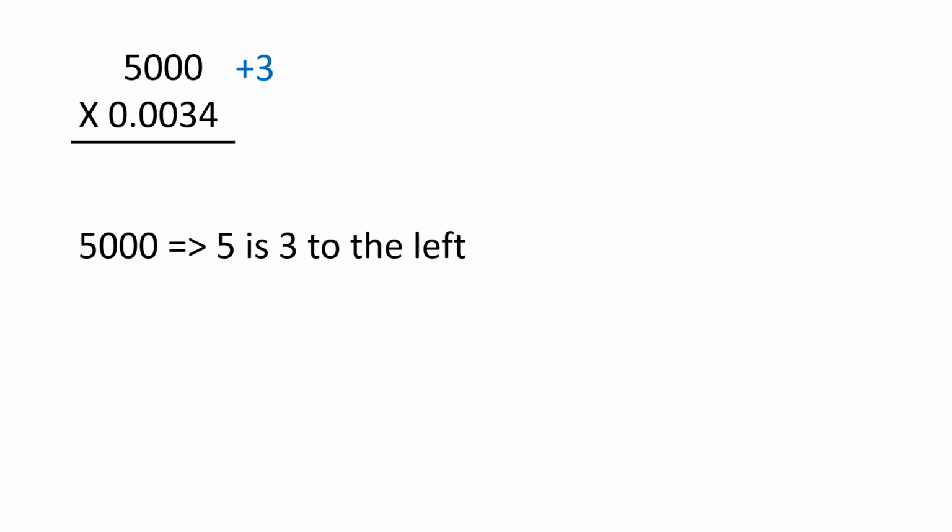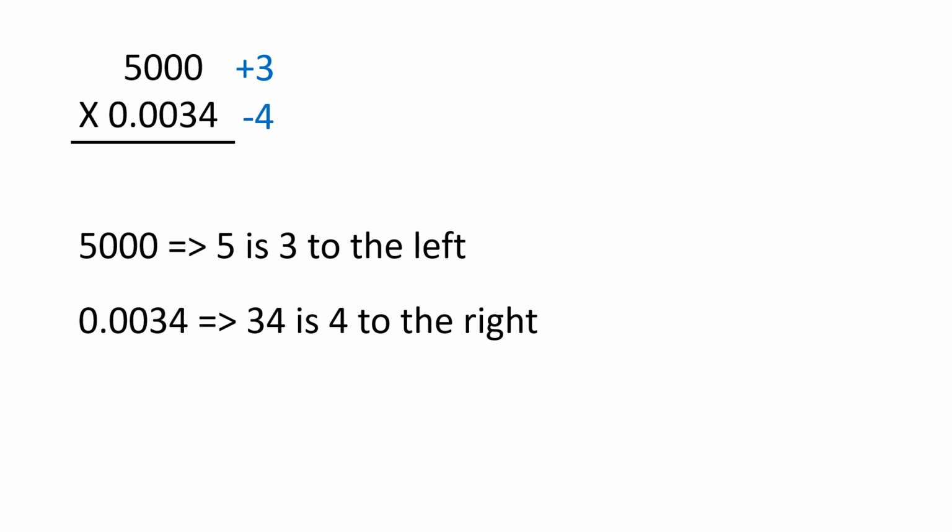Your turn. Pause the video and multiply 0.0034 by 5,000. First, we need to get rid of all the extra zeros, keeping a count of how many times we move the decimal. We move it 3 times to the left and 4 times to the right, so the result is moving it 1 place to the right.